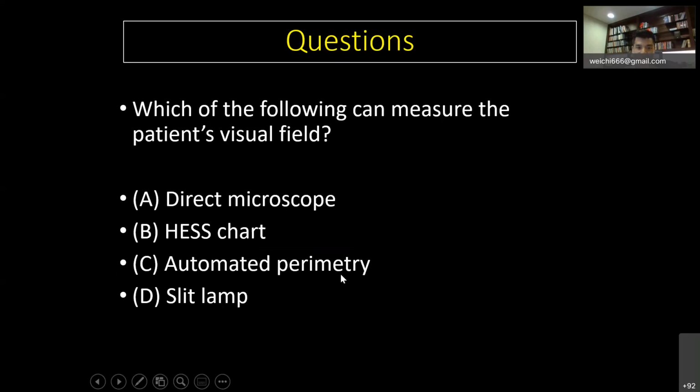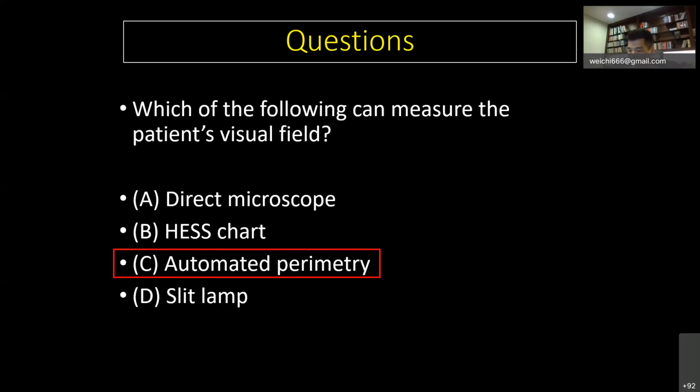Yes, automated perimetry. This is an instrument we could use to test the patient's visual field defect. Correct. So what's your number? Sorry, doctor, I'm not sure about the number. Oh, you don't know your number. Okay, okay.